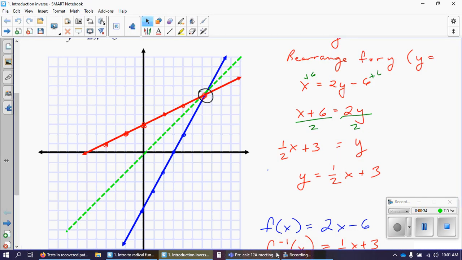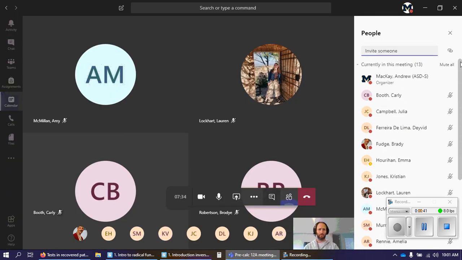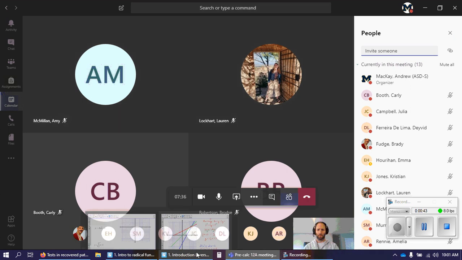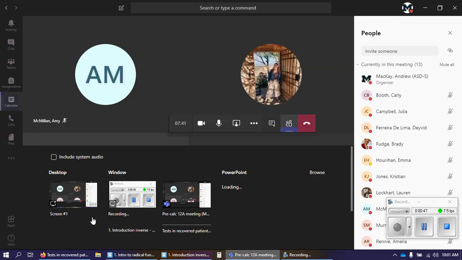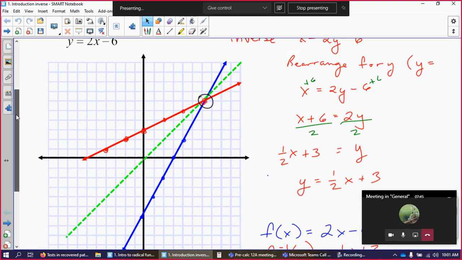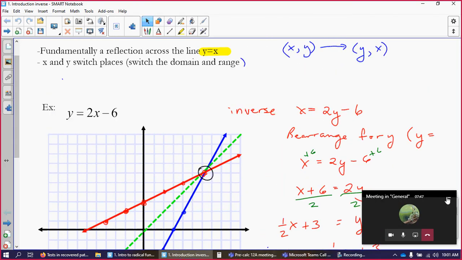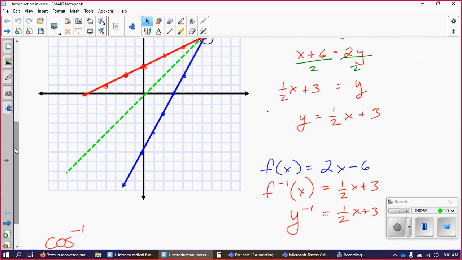Then we did inverses, which, oh, let's share screen. So inverses were fundamentally reflecting something in y equals x. For a linear function, it's not such a big deal.